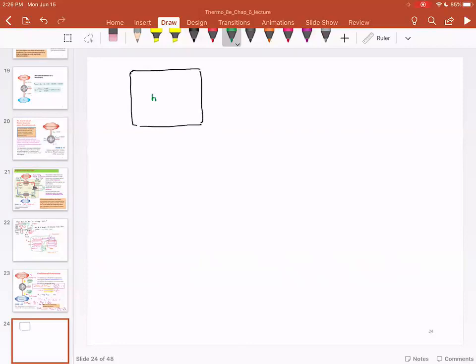So this needs to be at high temperature. And I have 2 options. Either I can use a heat pump or I can use an electric heater. Out of these 2 options, which one would you choose and why?